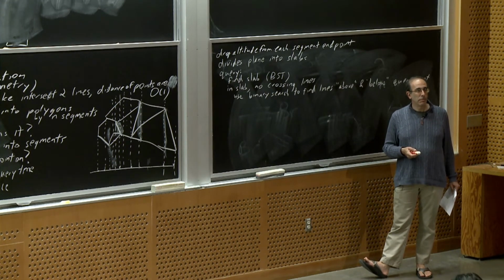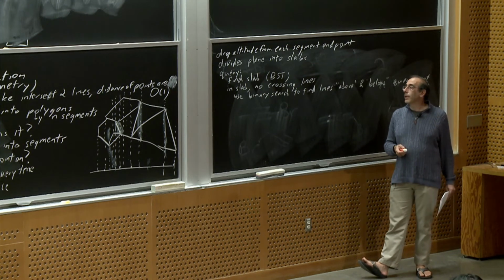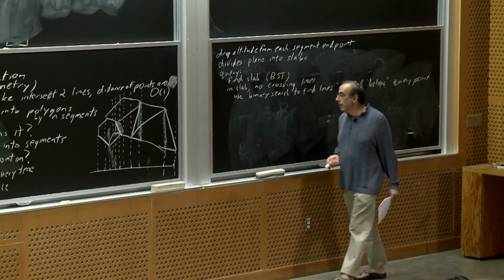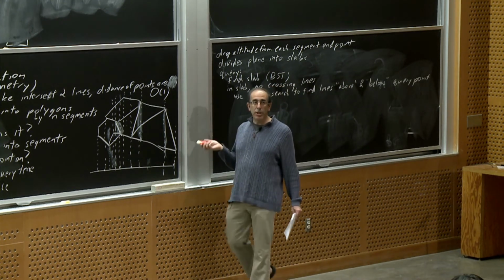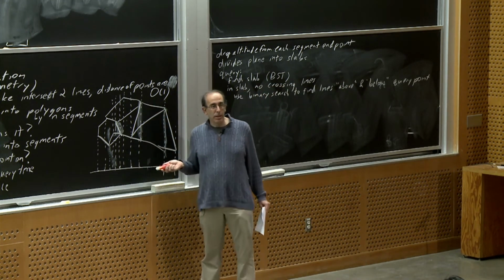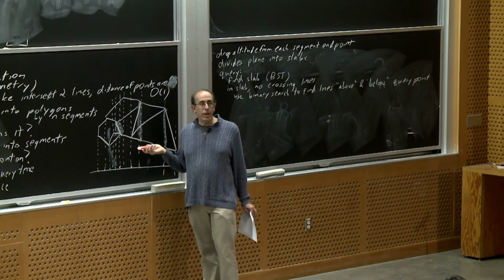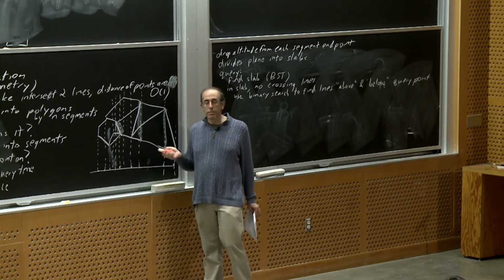Okay. So if we think about implementing this directly, it seems like it's going to work, but it's going to have some downsides, right? If I want to be able to binary search in each of the slabs, I'm going to need a binary search tree for each slab.